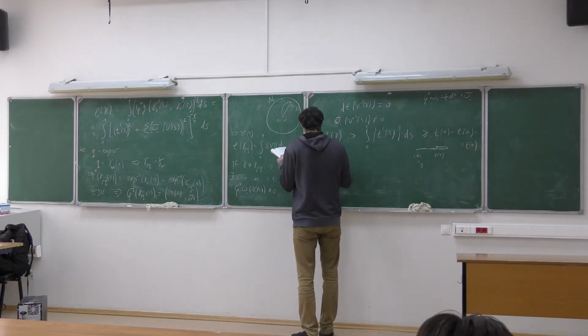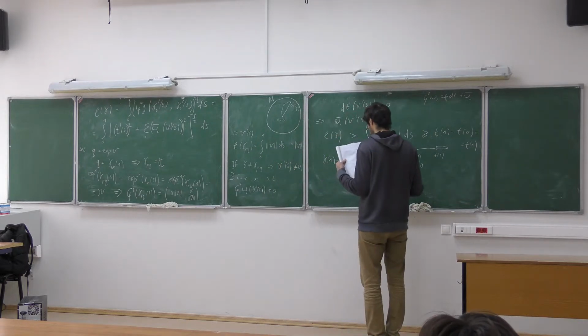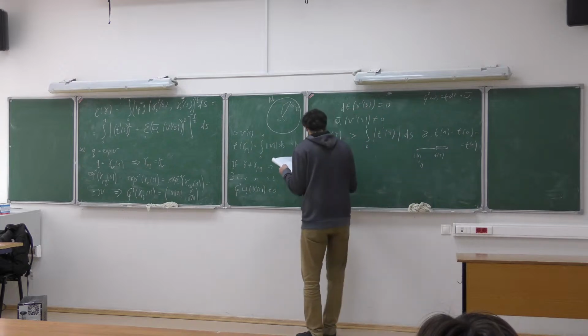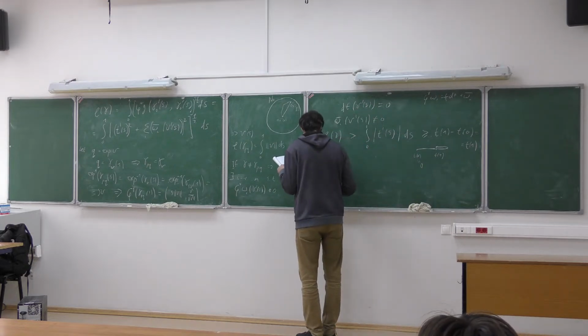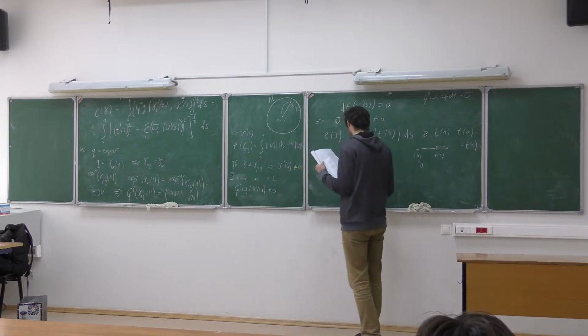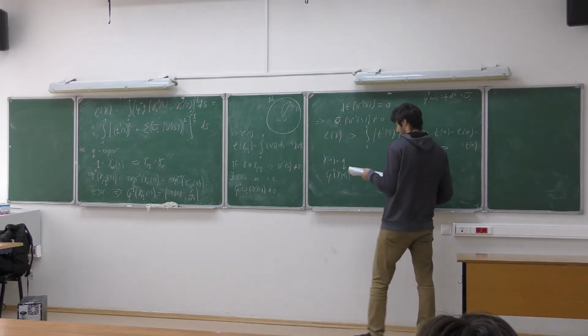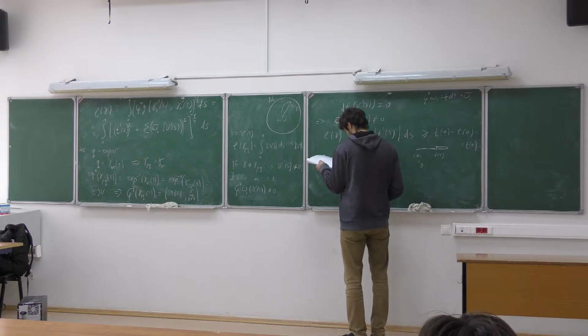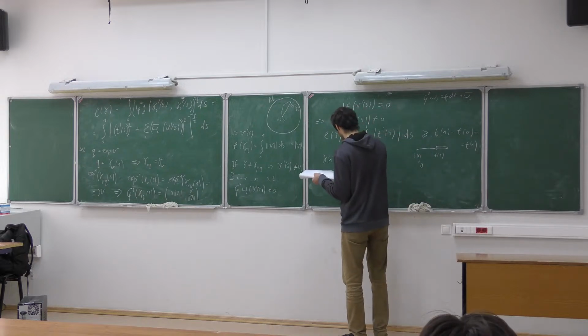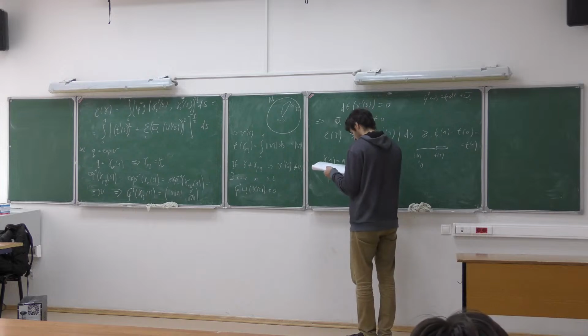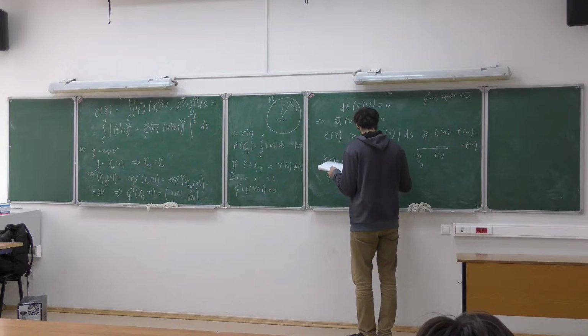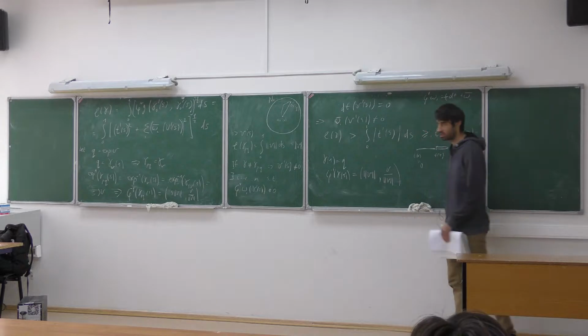So I have that gamma of 1 is q because it connects p and q, and phi inverse of gamma at 1 coincides with phi inverse of gamma pq at 1, and this is just v, and then v divided by the norm of v.